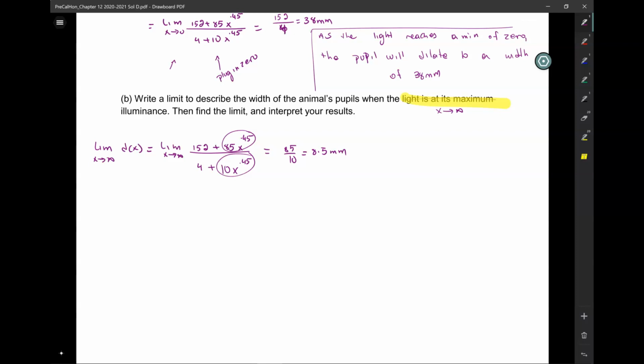Tell me what that means. Interpret your results. As the light reaches a maximum of positive infinity, the pupil will, what's the opposite of dilate? Shrink or contract, yeah. Contract to 8.5. Exactly. And we know this, right? When there is too much brightness in the room, your pupils will get smaller, they will contract. And if there is very little light, they will dilate in order to take in as much brightness as possible.